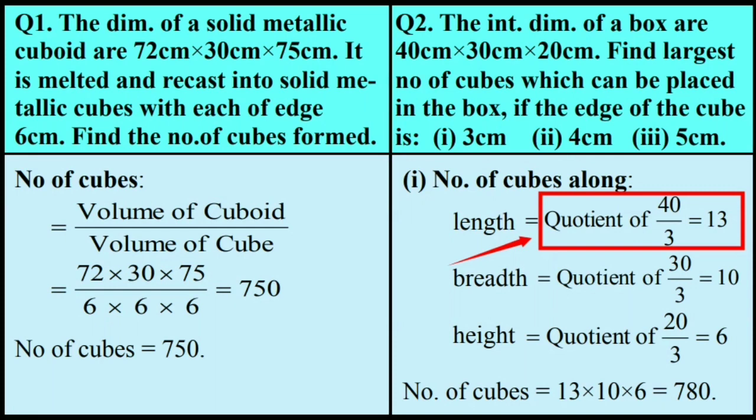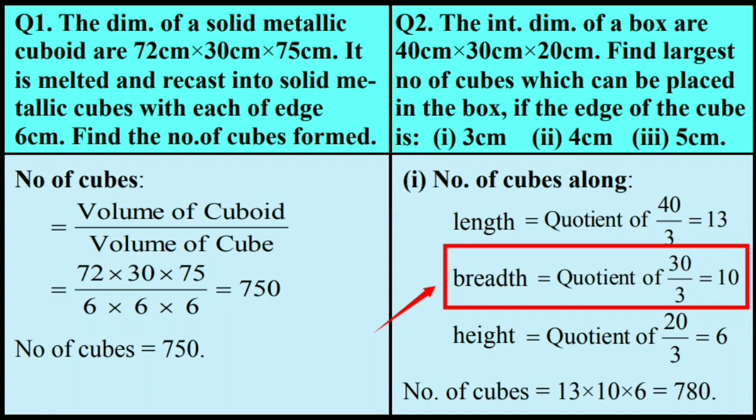Since the volume of the box divided by the volume of the cube doesn't give a whole number, the process is different. The number of cubes that can fit along the length is equal to the quotient of 40 by 3, and the result is 13. Means along the length of the box only 13 cubes can fit and a bit of space will be left where a cube cannot fit.